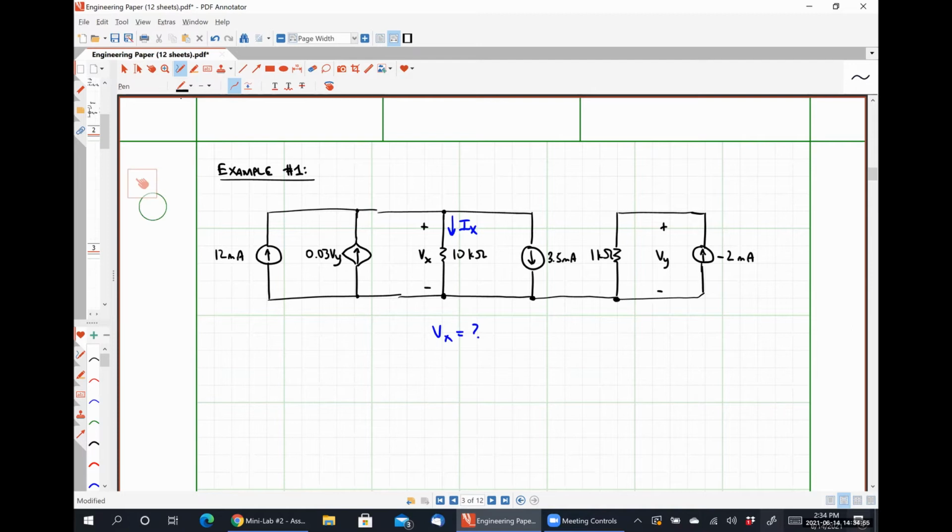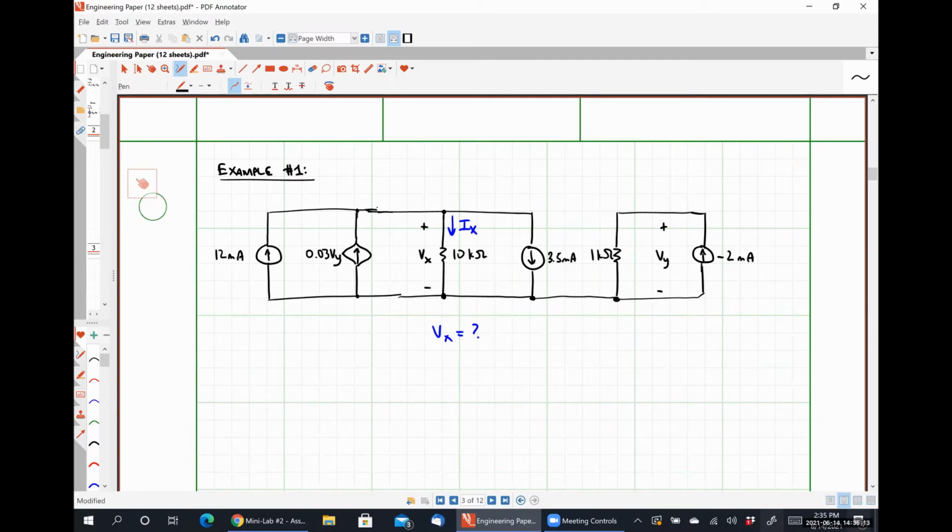So what I can do to start things off here is observe that there are 3 current sources in parallel. One of them happens to be a voltage controlled current source, but it's still a current source. So I can actually combine them together.